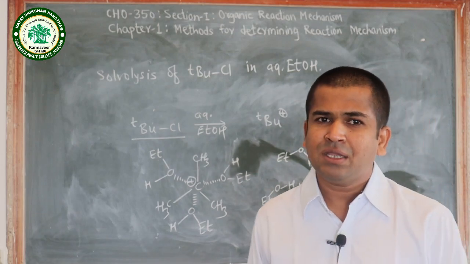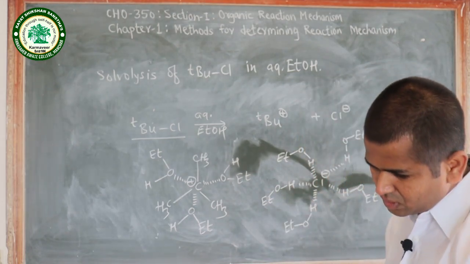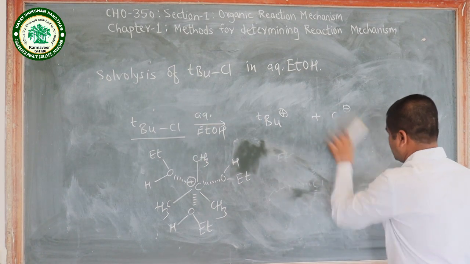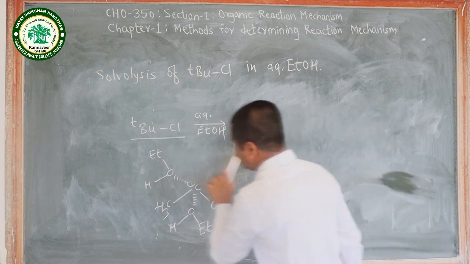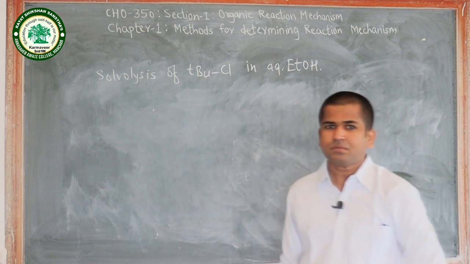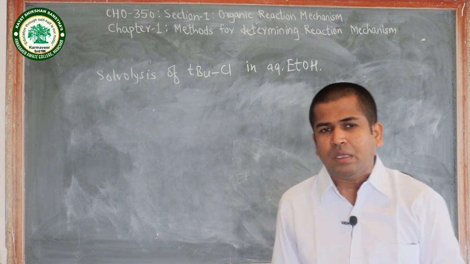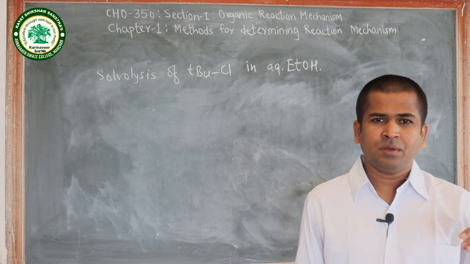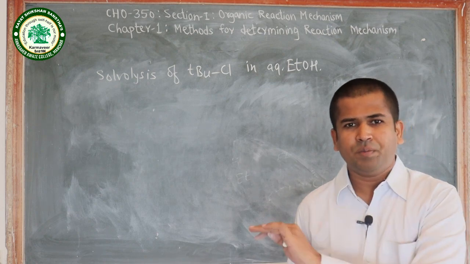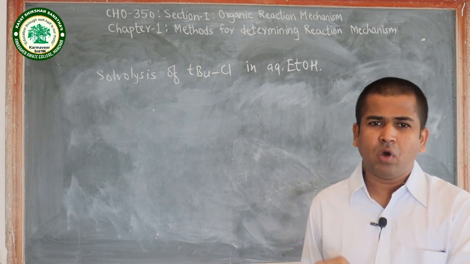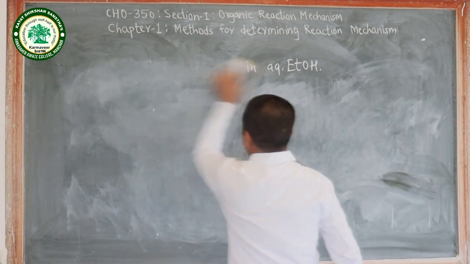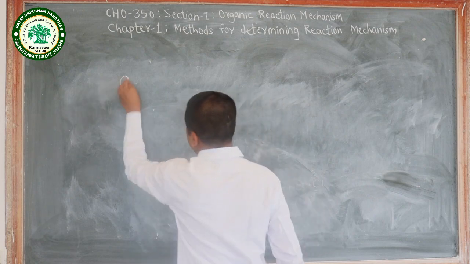Now one more example we see where from an ordered starting material or ordered reactant we get a disordered product. That means from less degree of freedom we obtain a product having more degree of freedom. For example, a ring opening reaction.